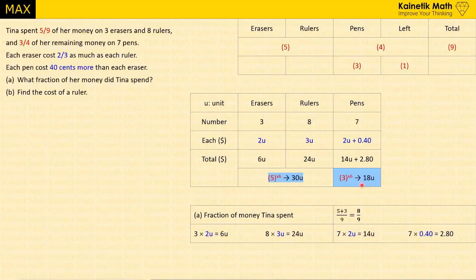Okay, we need to get to a new number of units so that we can really compare with this. Because what it means now is that 18 units is exactly the same as 14 units plus 2.8. So let me write it out. Okay, this is the latest conclusion that we should draw after we make this comparison.